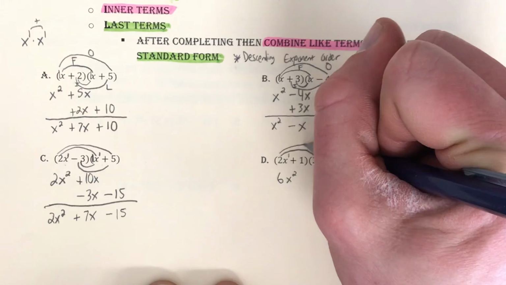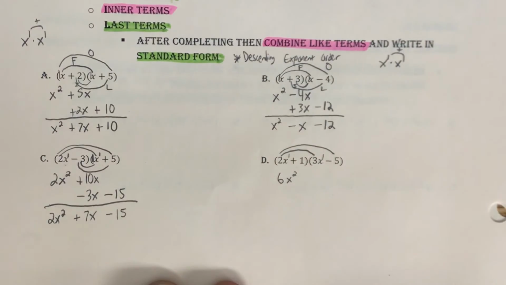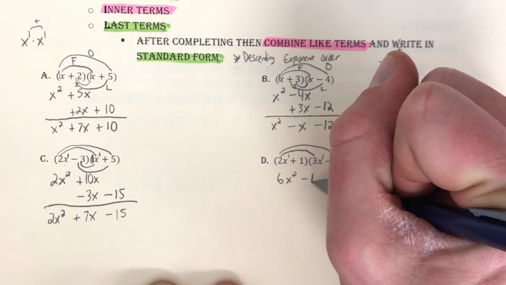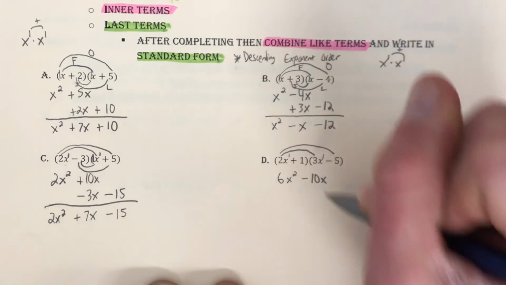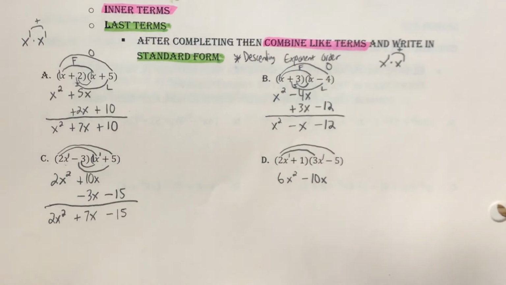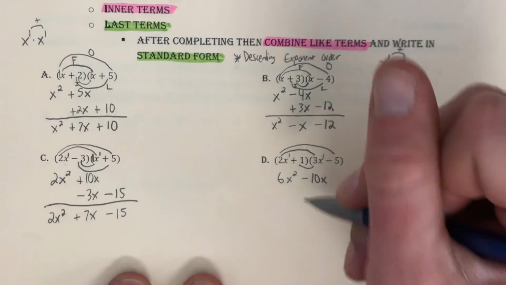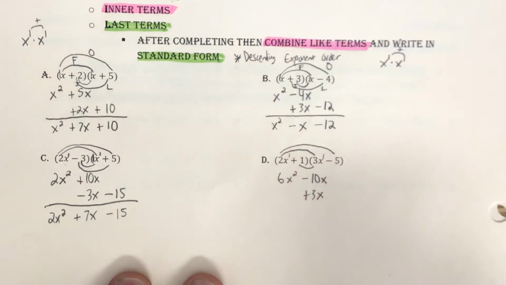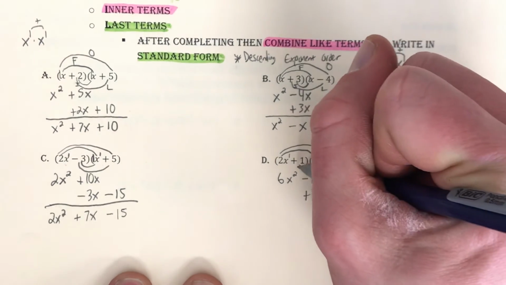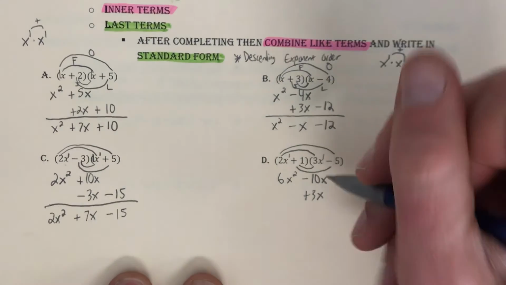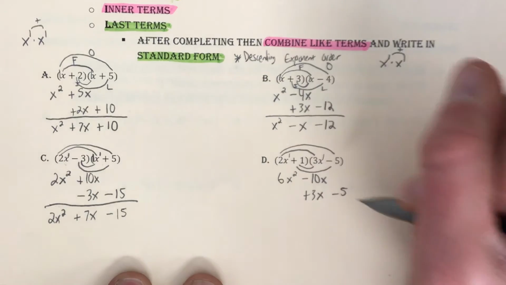Outer terms, 2x times negative 5. Well, 2 times negative 5 is negative 10. Bring the x down because there's no x to multiply it with. Inner terms, positive 1 times 3x is positive 3x. And then last terms, positive 1 times negative 5 is negative 5.